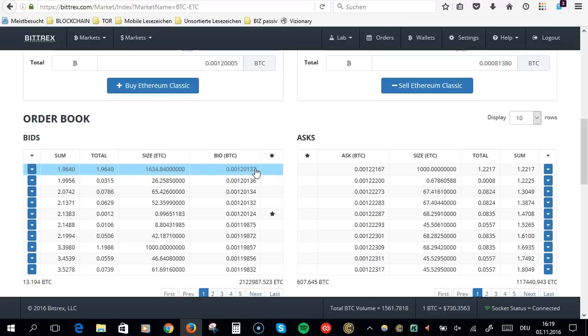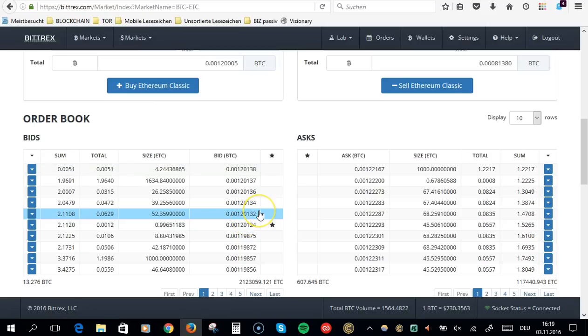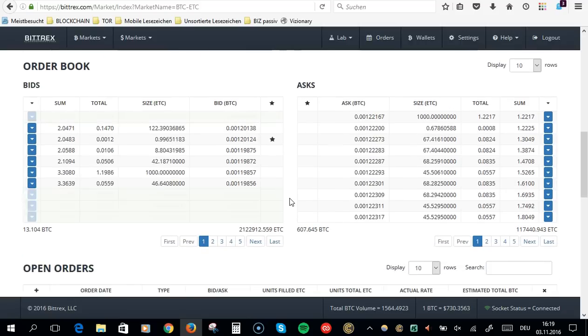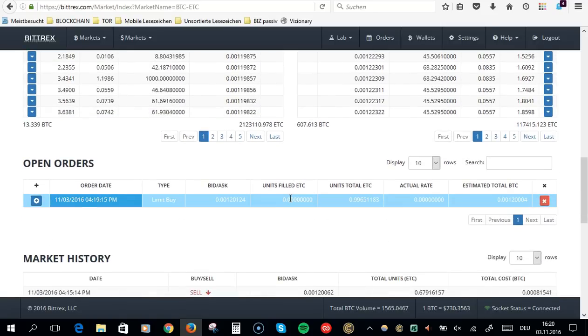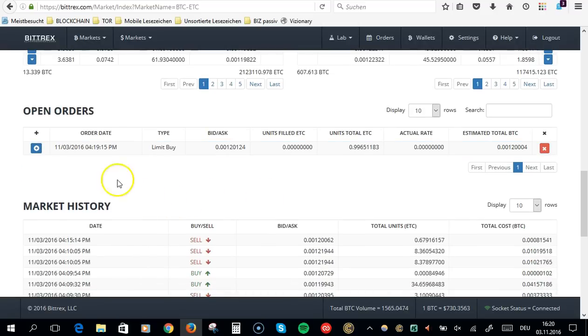As soon as this happens, my Bitcoin will be converted to Ethereum Classic or to any other coin I want to purchase. And this is simply how trading works. You bid low and you sell high. That's it.